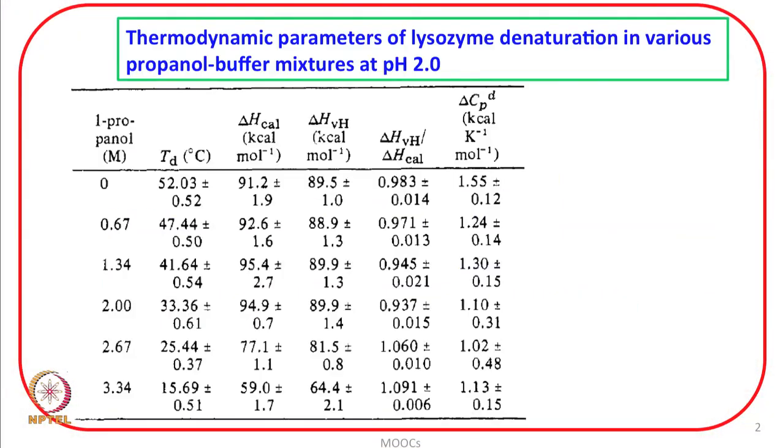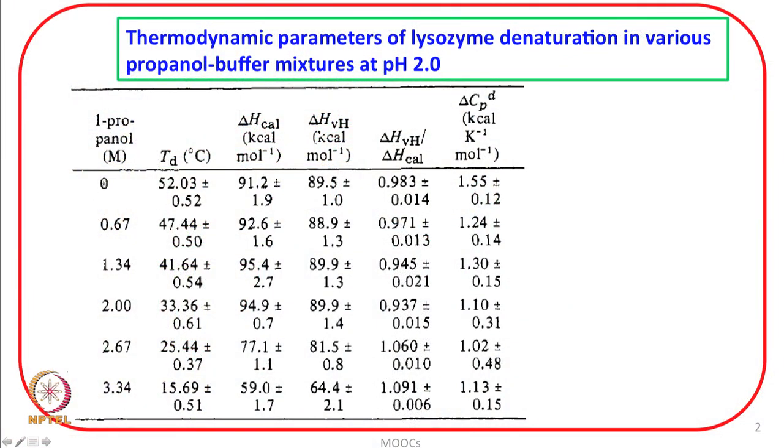Let us go to the slide and look at the data presented in this table. The data presented in this table corresponds to the thermal denaturation of lysozyme in various propanol buffer mixtures at pH 2. Lysozyme exhibits sufficient thermal stability at pH 2.